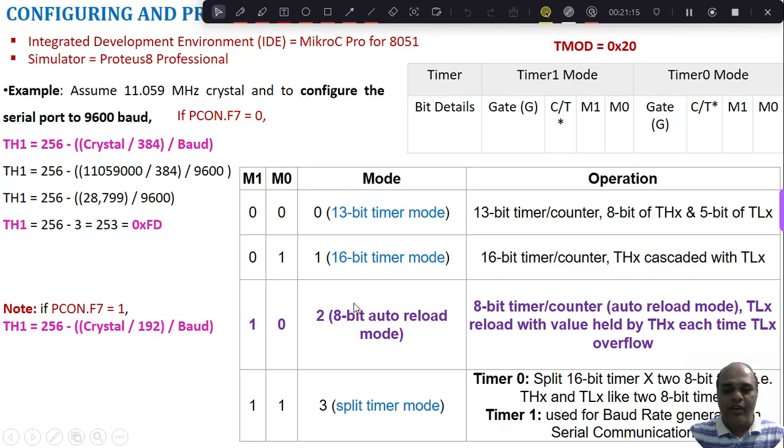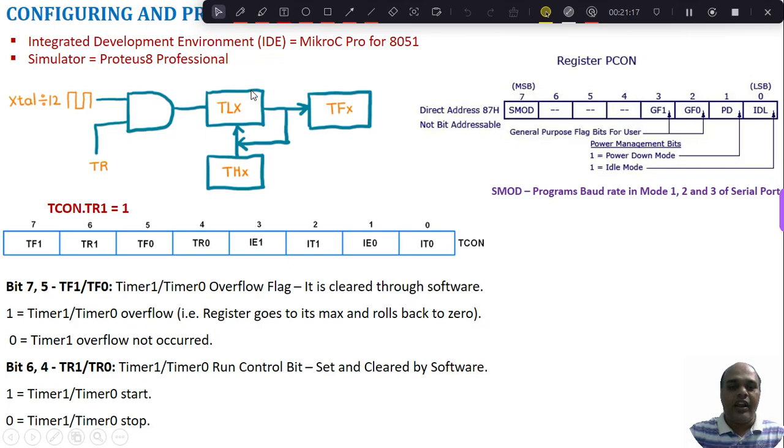So what is 8-bit auto reload mode? Here I have a TLX, timer low register, and timer high register. The content from timer high register goes to your low register, and the incrementation of the value happens on this TLX register. The incrementation happens at what frequency? It is crystal frequency divided by 12.